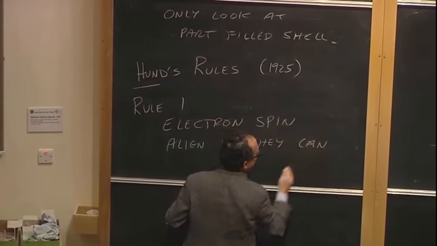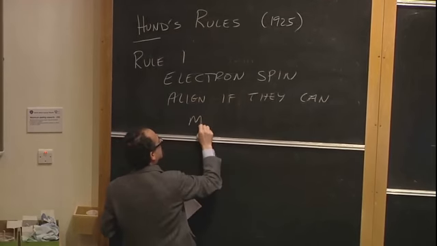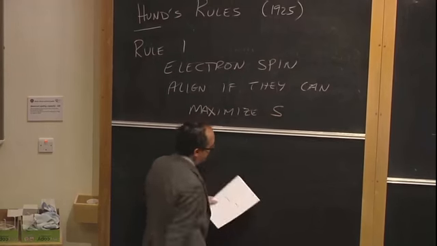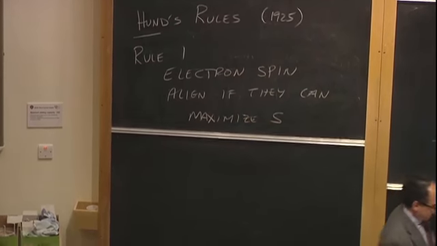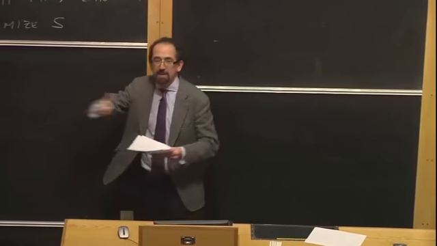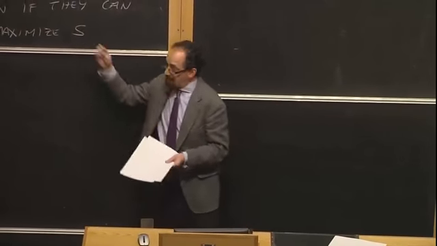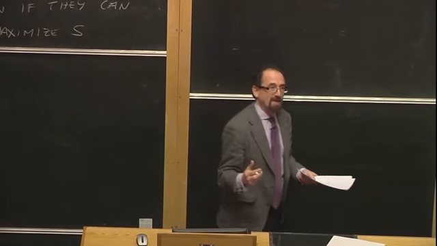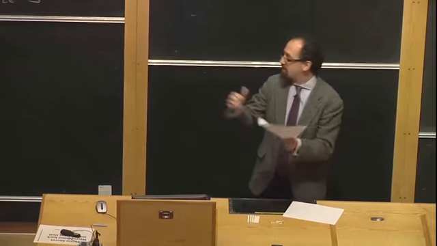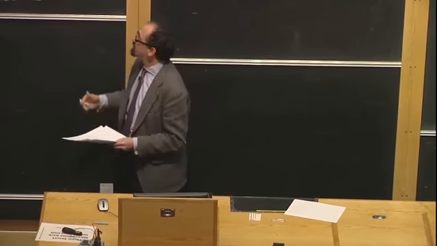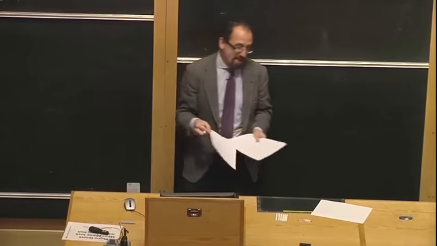In other words, you maximize S. This is actually a very nice rule because it's kind of like being a ferromagnet. In a ferromagnet, you get all your spins to align, and you maximize the total spin. It's not really a ferromagnet because we're just talking about a single atom here, so it's just a finite number of electrons, not a whole big solid of electrons, but at least it has the same qualitative physics.